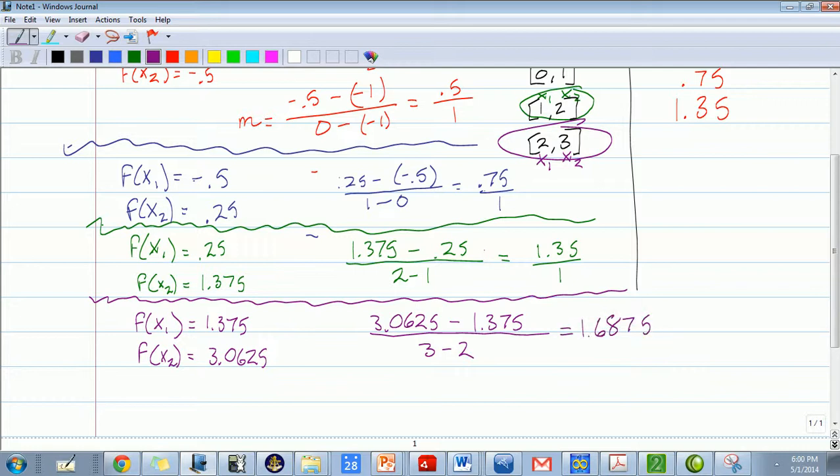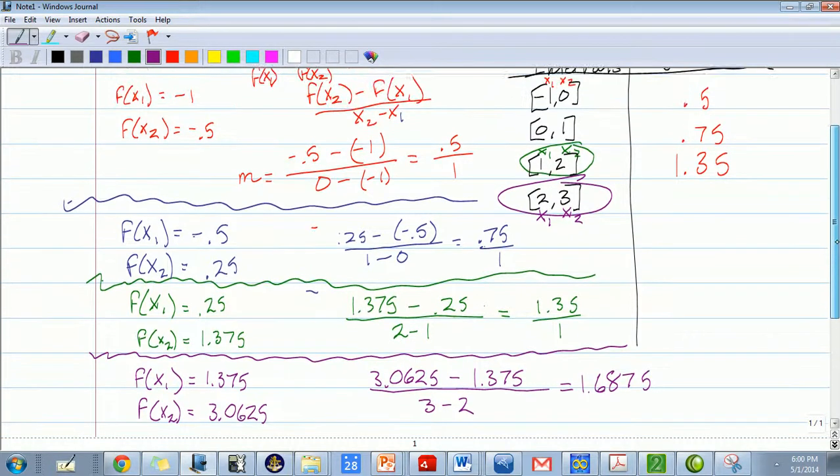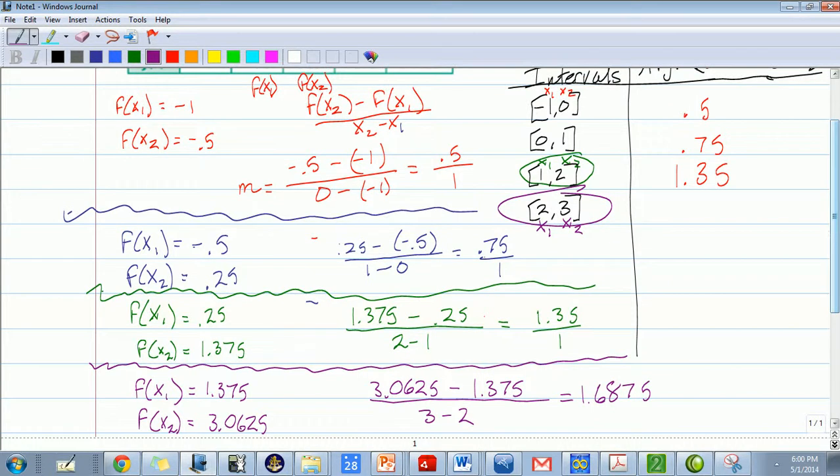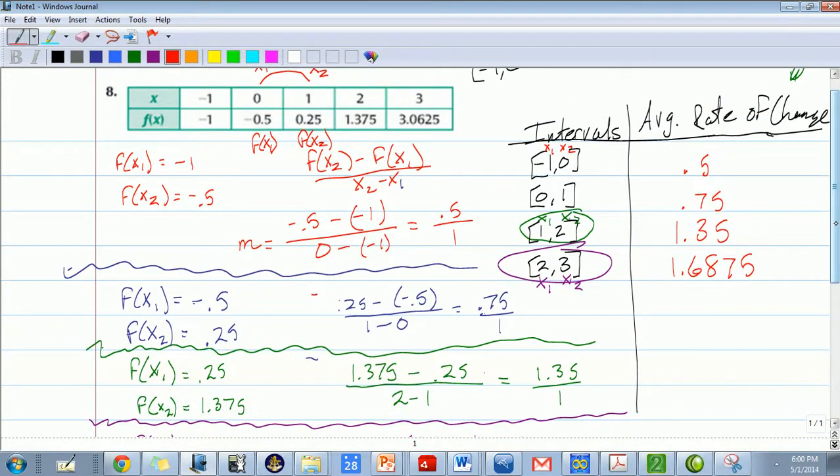So I should get 1.6875. So going down here, my next is 1.6875. So as you can see, I got my average rate of change for each interval that I'm dealing with.